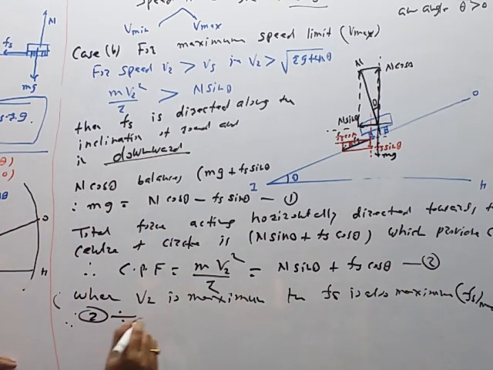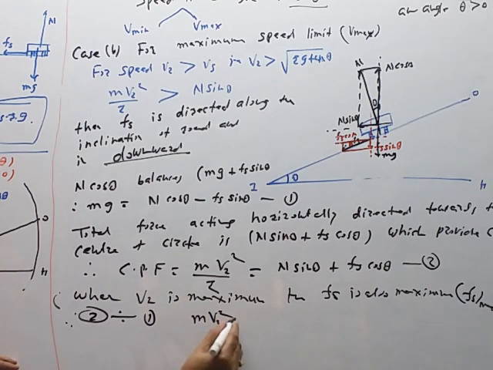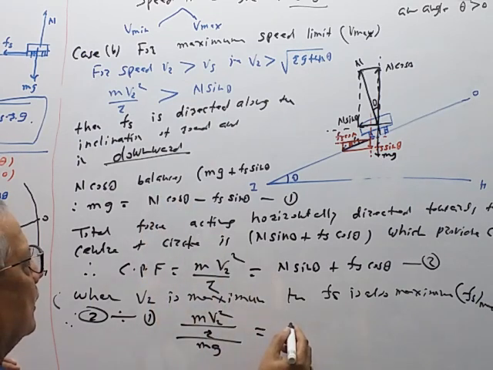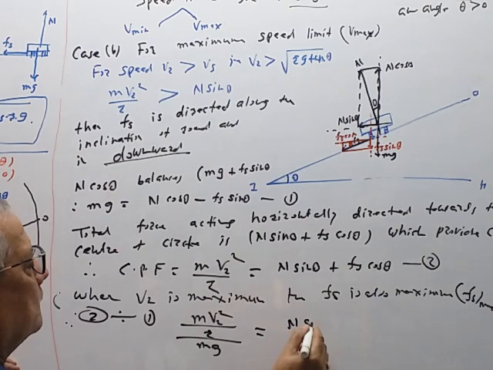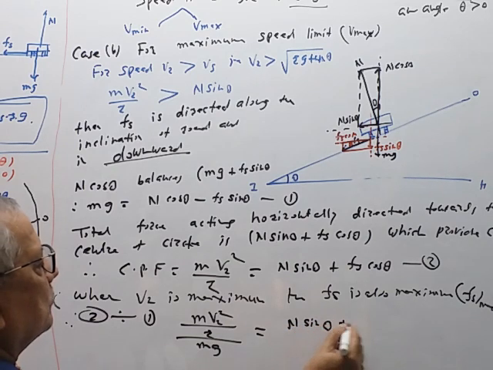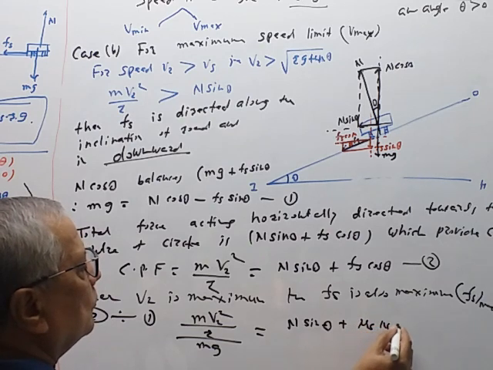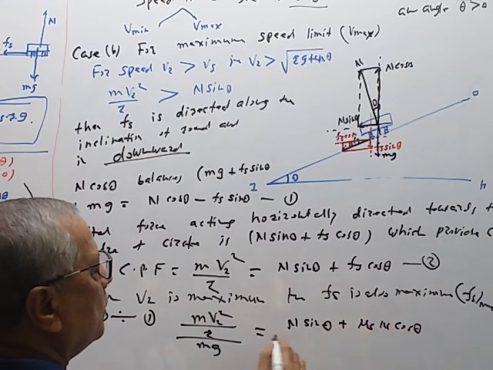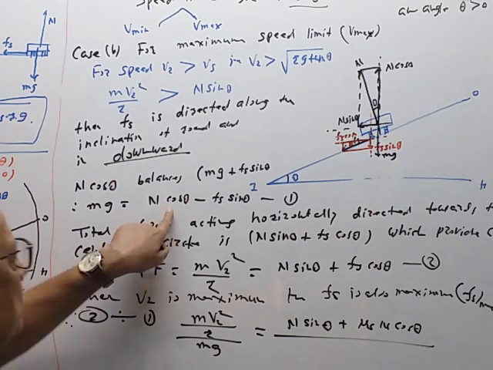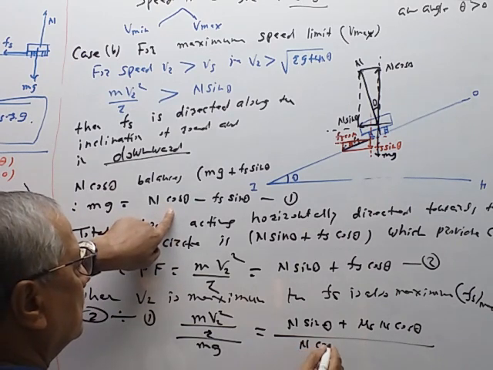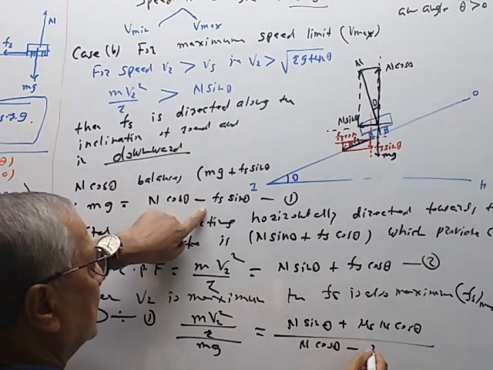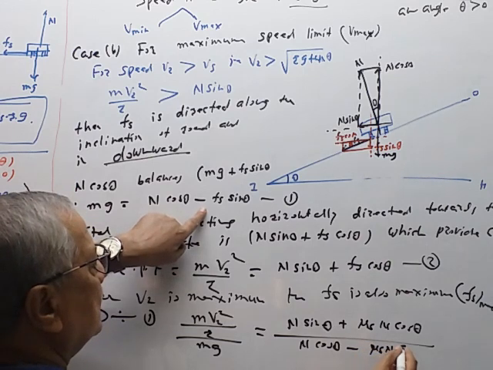Divide equation 2 by equation 1. So mv2 square upon r upon mg is equal to n sin theta plus Fs replaced by mu s into n cos theta, divided by n cos theta minus again Fs replaced by mu s into n into sin theta.